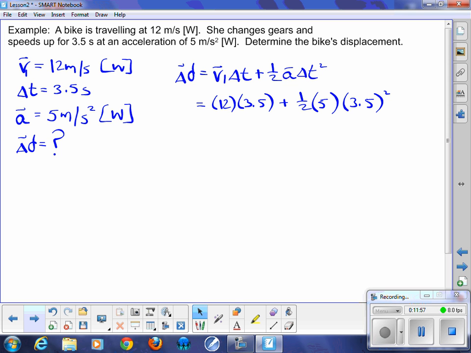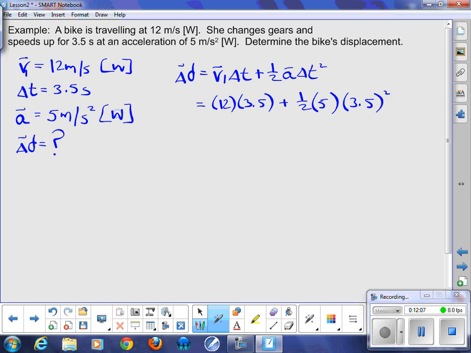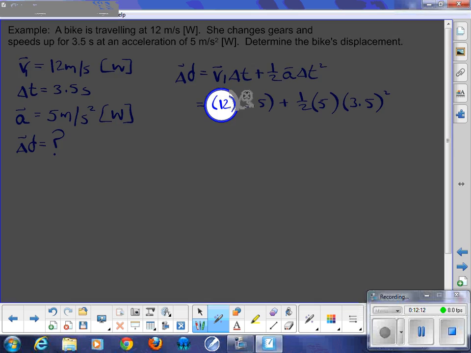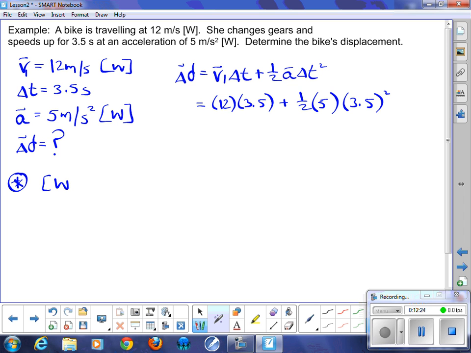At this point, just hold up for a second and note that because velocity, or v1, was west and acceleration is west, when you enter that information into your equation, they have the same sign. So my assumption here is that west is positive. I'm just going to put that down here. You don't have to do that for every question, but heading west, I'm going to assume is the positive direction here. That way when I'm doing the calculations, everything's in agreement.